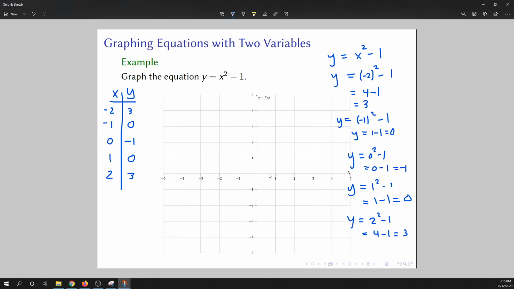So once I have all of my solutions down, then I plot those ordered pairs, right? -2, 3. -1, 0. 0, -1. 1, 0.